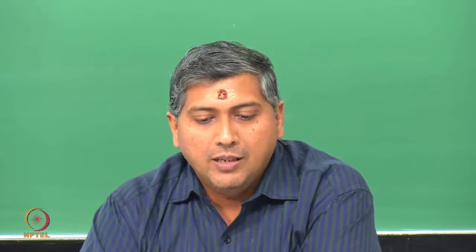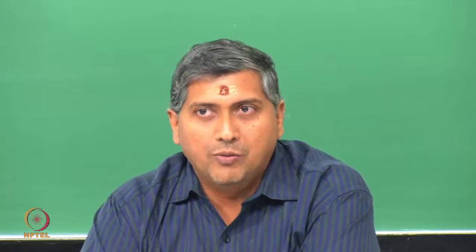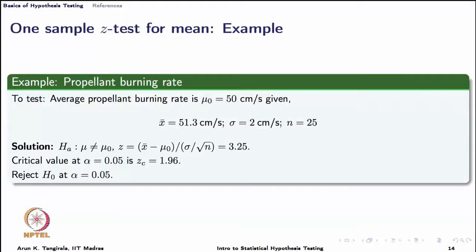So, in other words, what I said earlier should actually be alpha by 2. So, I calculate the area, that is the distribution, or the density, in other words probability, to the right of 3.25, and that would be alpha by 2. Twice of that would give me alpha.